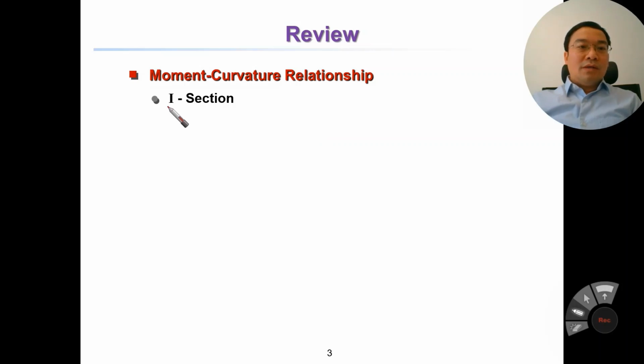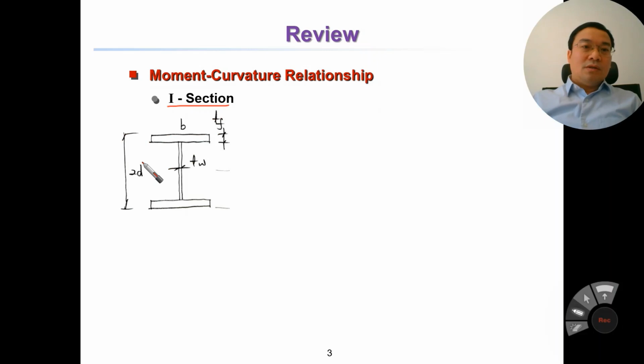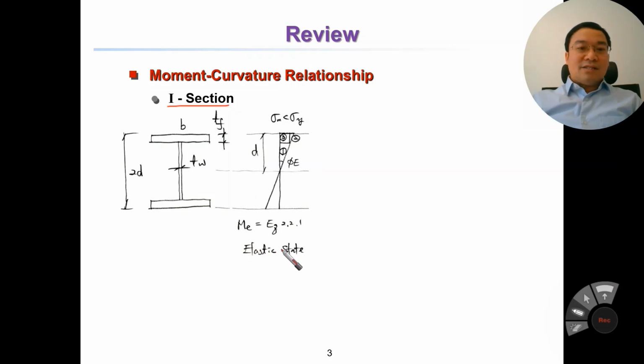Now the I section. Consider an I section or W section. We have an I section with b and 2d, the thickness of the web is tw, and the thickness of the flange is tf. This is the elastic state.